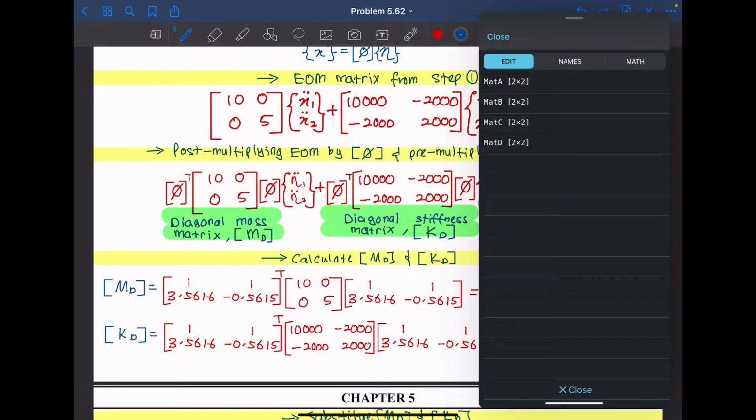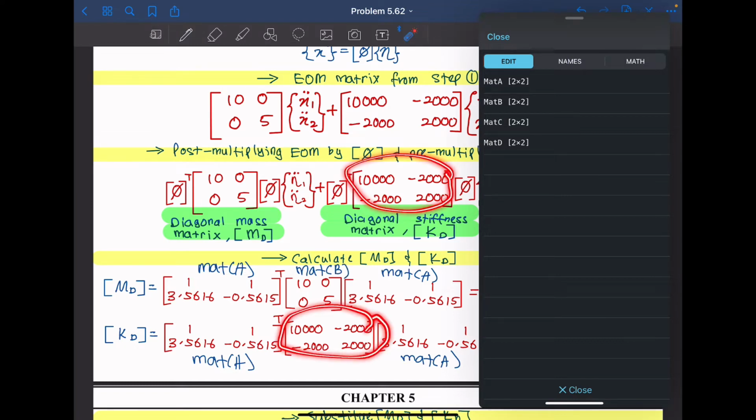My modal matrix will be matrix A, my mass matrix I'm going to label as matrix B, and my stiffness matrix I'm going to label as matrix C.